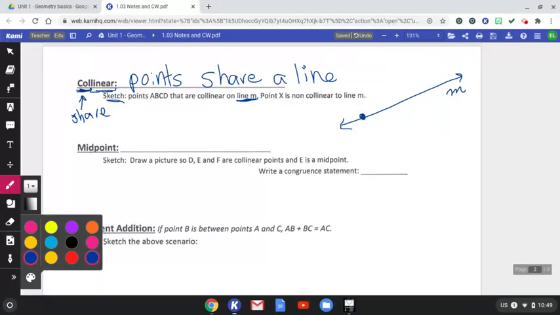But they're saying points A, B, C, and D are along that line. So they are all sharing line M. However, point X marks the spot, right, is non-collinear. So it's not on line M. So point X is floating somewhere else.